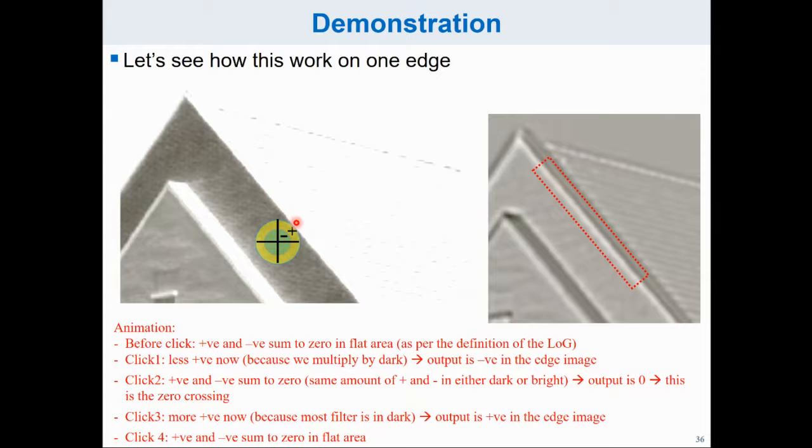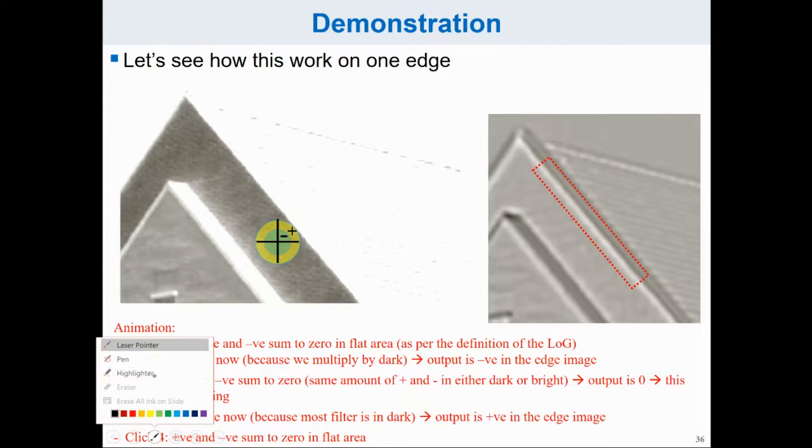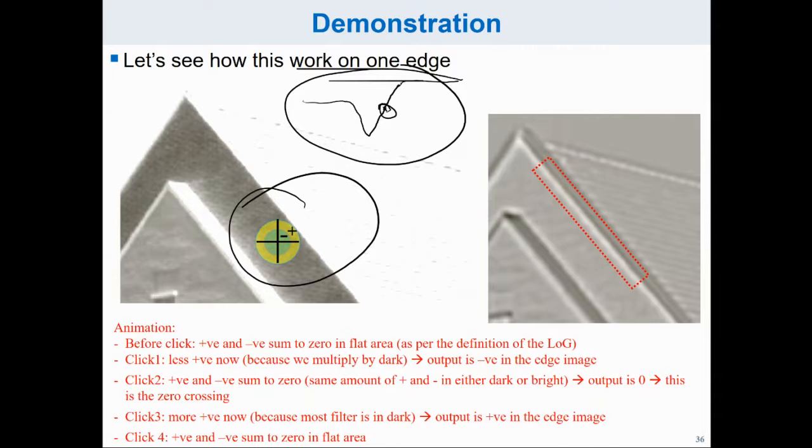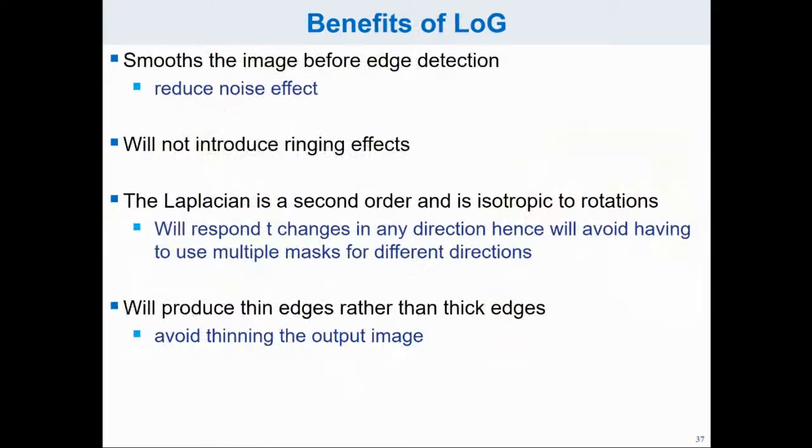So it's almost like 0 and then negative and then 0 again and then positive again, and that's the point that I'm looking for. So this here is just an illustration of the different steps that I just explained.